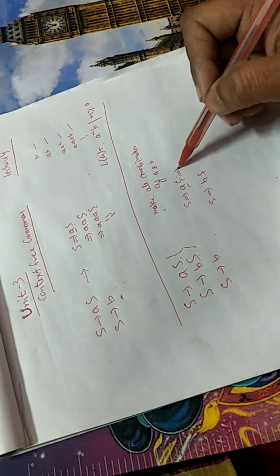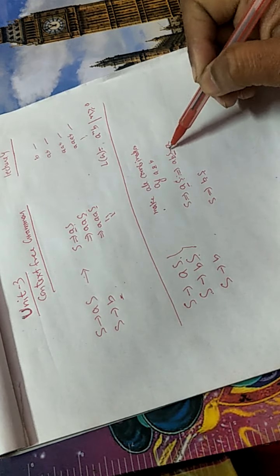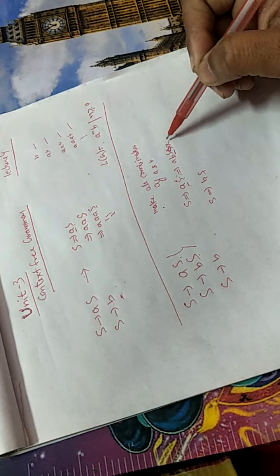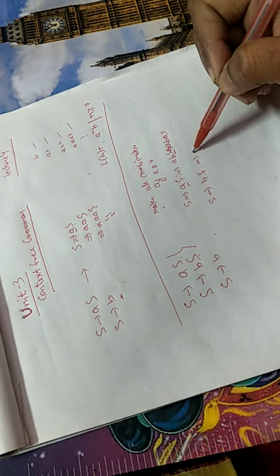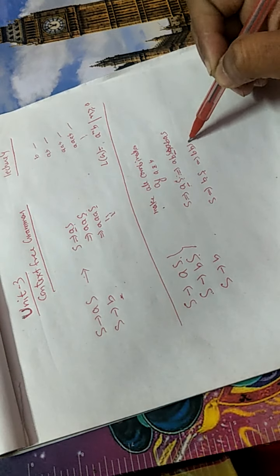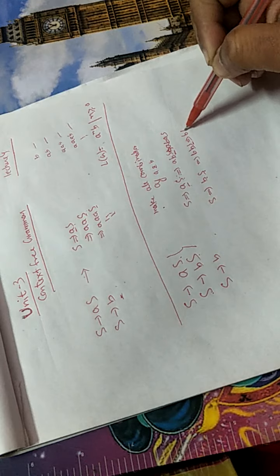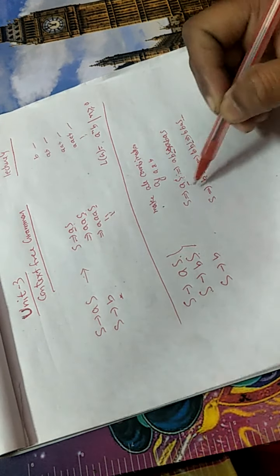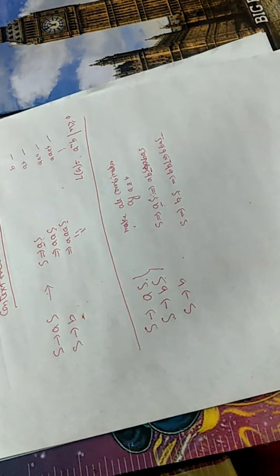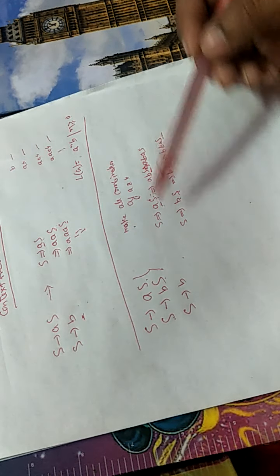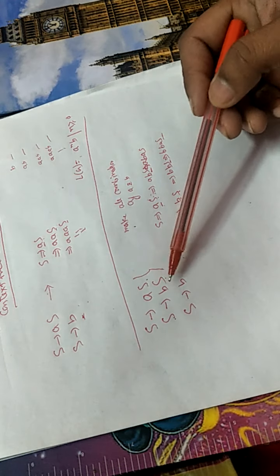We can replace it by BS, we can replace it by AS, and so on. We can make all combinations using S tends to AS and S tends to BS, because there is no restriction to start with A or start with B, we can choose anyone.